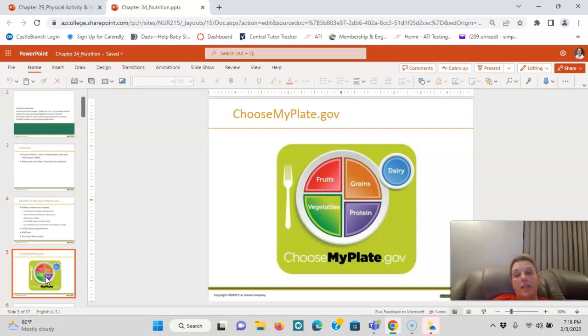And it says protein, it doesn't say meat, because some people don't eat meat. Okay. And then your dairy, of course, it is important to get dairy in. It is important to get fruits in, but there is an amount that you should be eating as well. So you can't go off the deep end and only eat vegetables because you're not getting any protein.